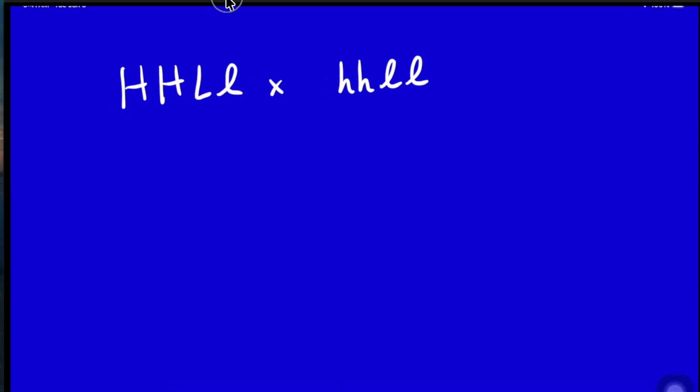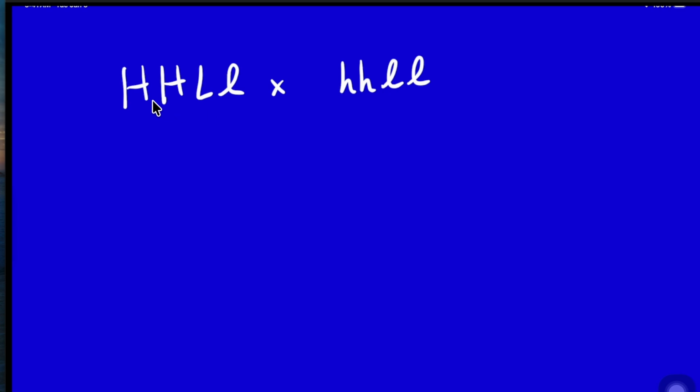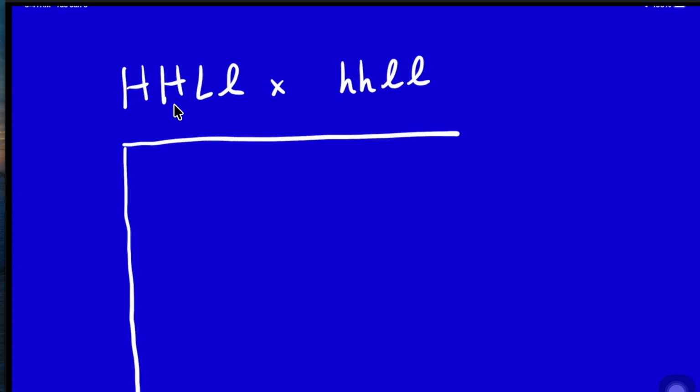Okay, so we're going to do the cross. We're going to determine the gametes. Again, we're going to FOIL this. So on top, we're going to have first times first, that's capital H, capital L. Outside, that's capital H times small l.